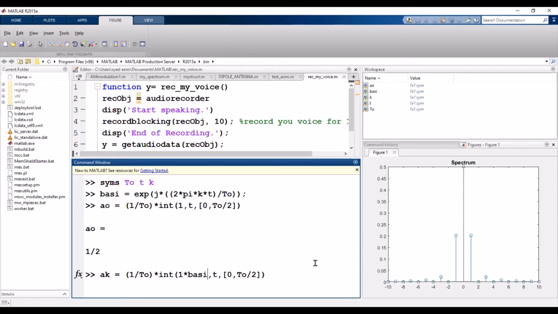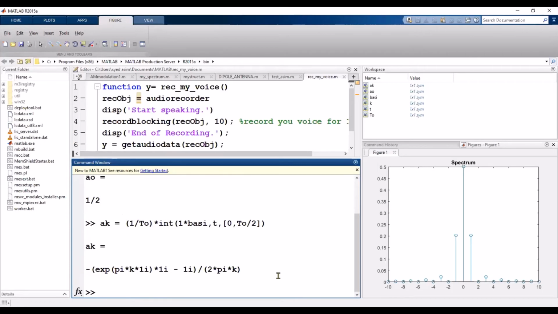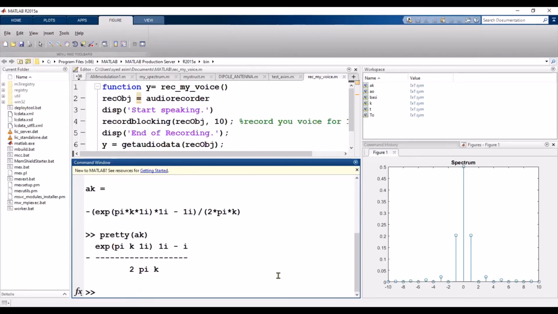The limits remain the same, I don't need to change the limit, from 0 to T naught by 2. The formula is the same, and here we display a_k, and you get this expression, which is basically the complex amplitude expression.